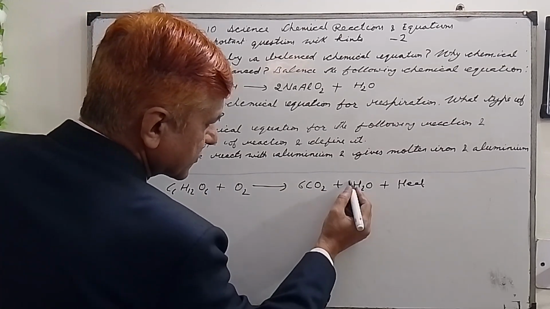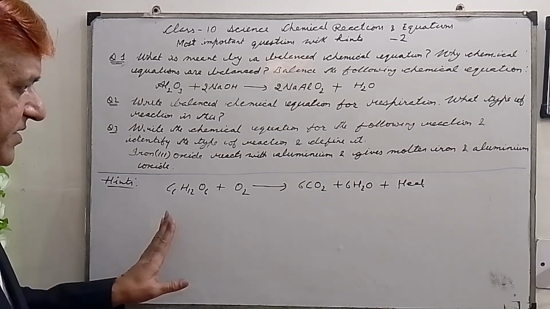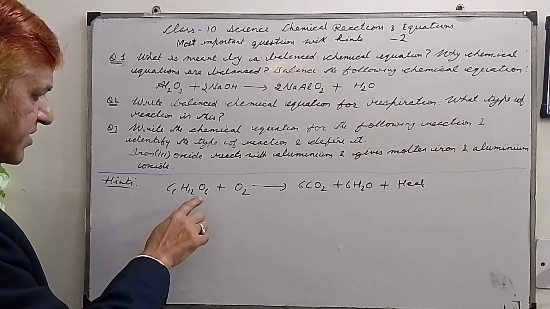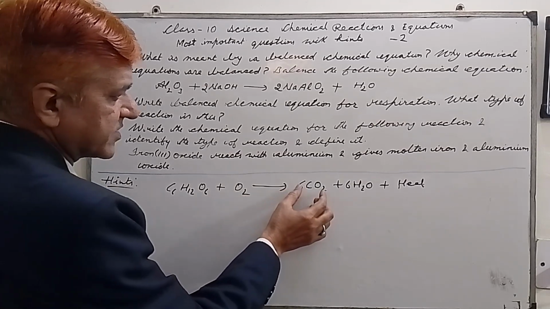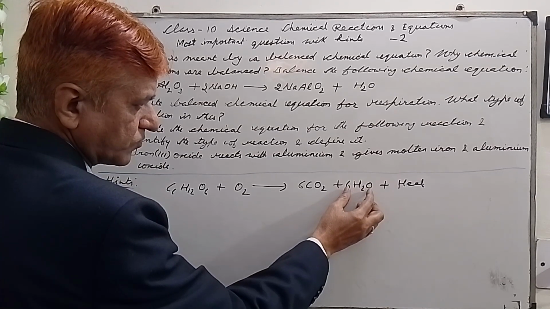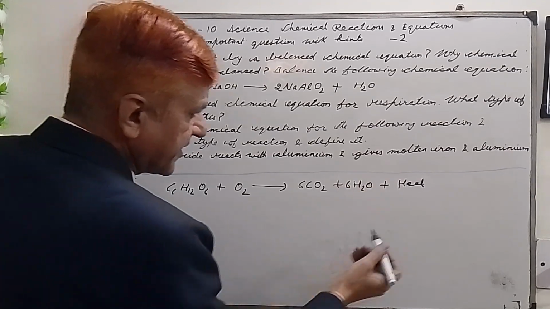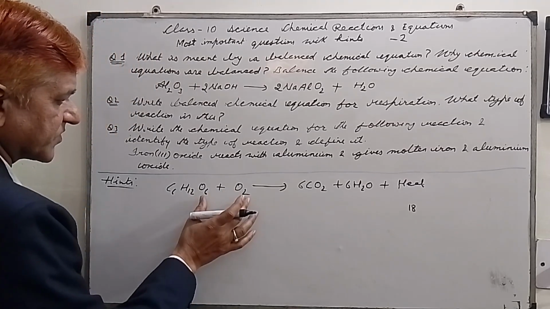So 6 twos are 12. Hydrogen also got balanced. Then oxygen, how many atoms? 6 plus 2, 8. And here 6 twos are 12, 12 plus 6, how many? 18, and here we have 12.